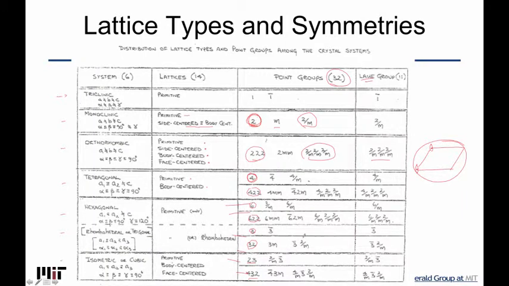Of course, if we now put these different ones into the lattice and look at all the variants that occur, there are 230 unique crystallographic space groups that are generated, and we are not going to go through all of them, but we'll go through some of them just so you can see how it works.